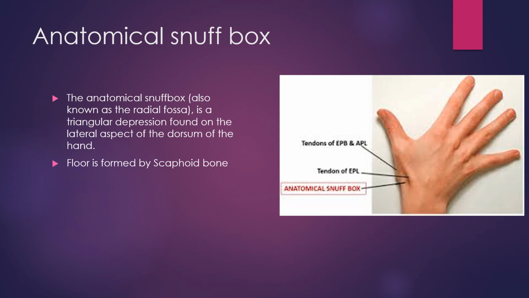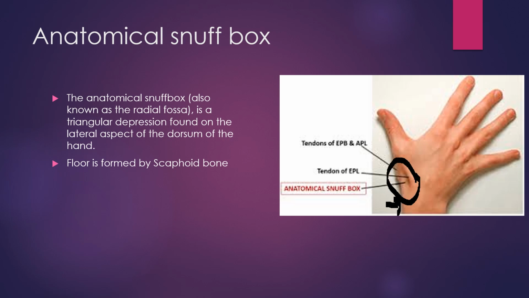And coming to the anatomical snuffbox, it is also known as the radial fossa, and it is present on the lateral aspect of the dorsum of the hand. So this is your lateral aspect, and this is your dorsum. So here is your anatomical snuffbox.